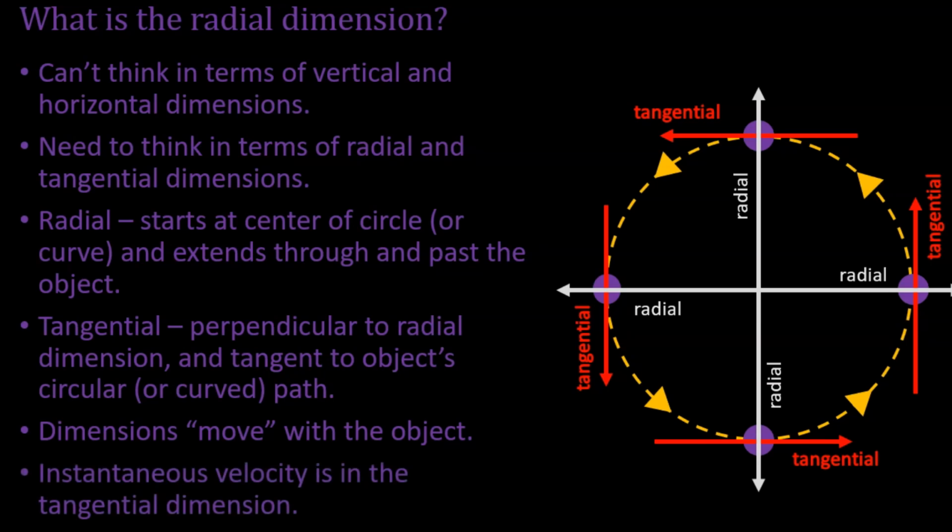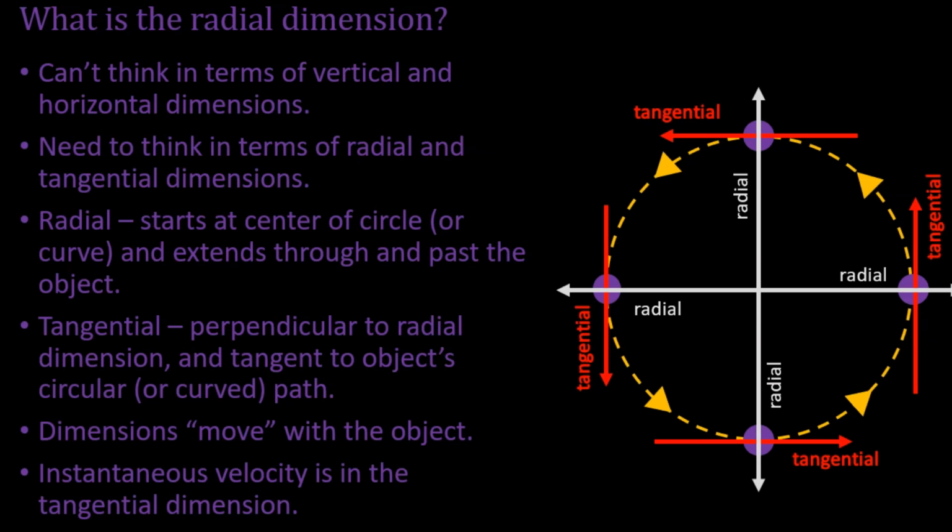And finally, the instantaneous velocity is in the tangential dimension. So now we know that with centripetal force, it's a net force in the radial direction. So the centripetal force and centripetal acceleration act in the radial dimension, and the velocity of the object acts in the tangential dimension.